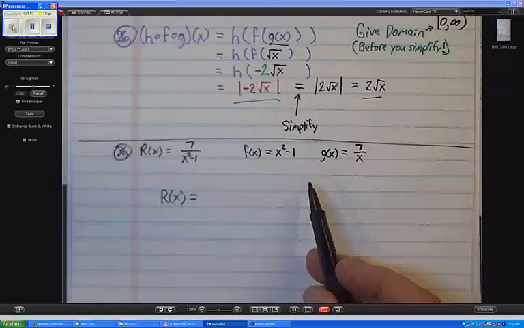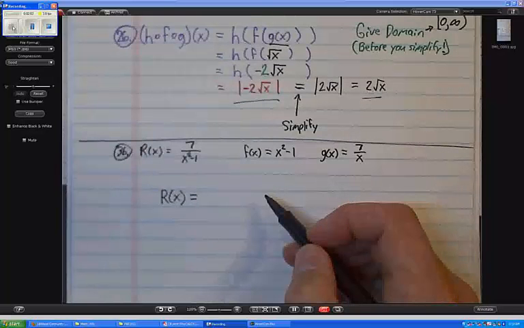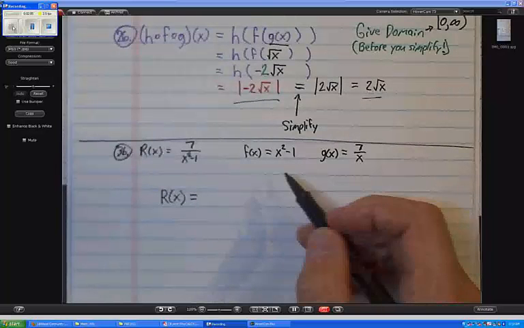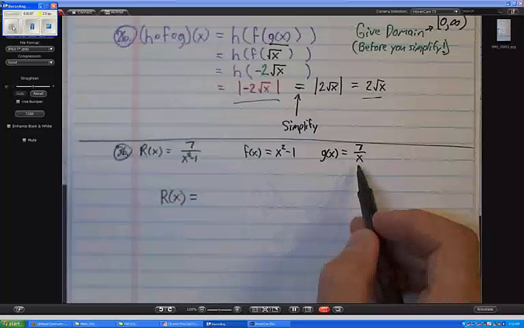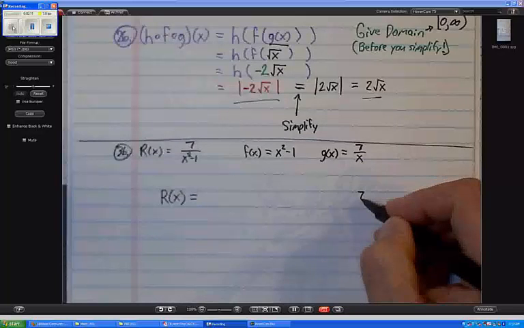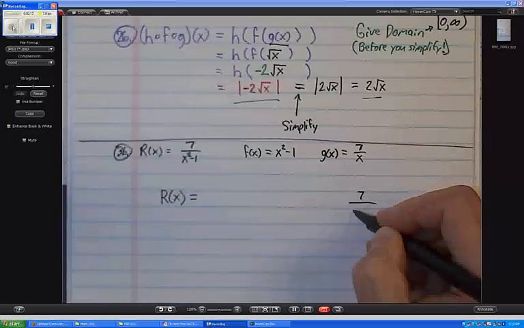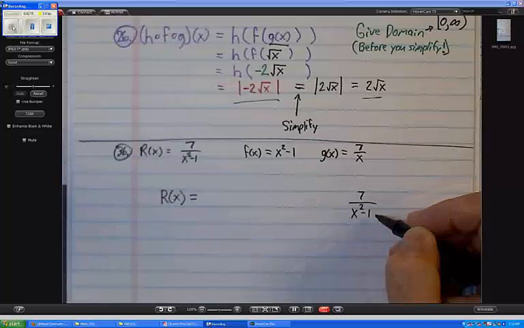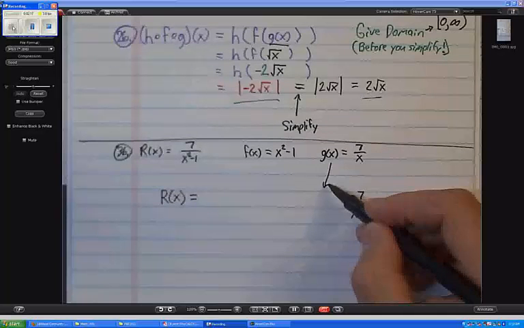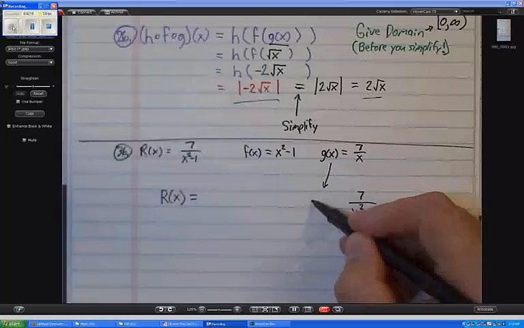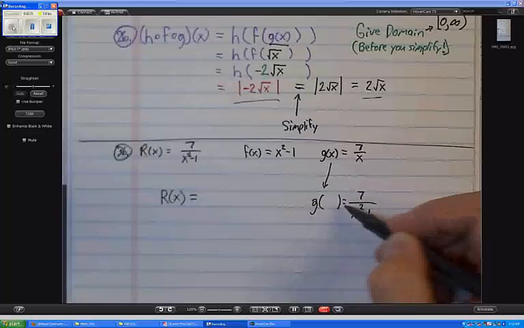Yeah, so in other words, g of x is 7 over x, but we don't want 7 over x. We want 7 over x squared minus 1, right? So we don't want g of x. We want g of what? Well, x squared minus 1.